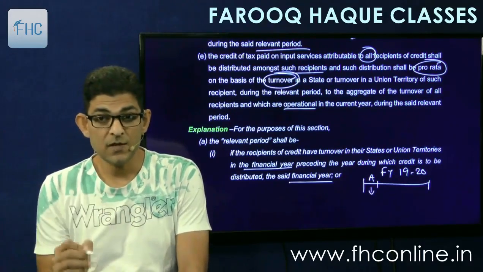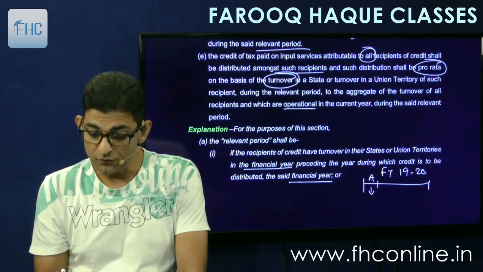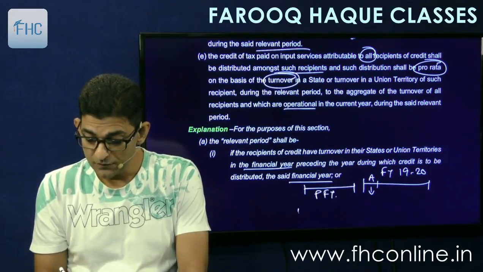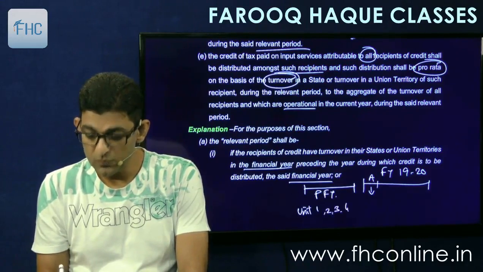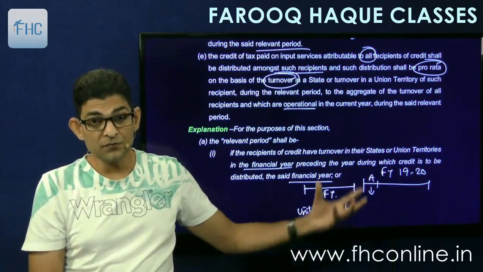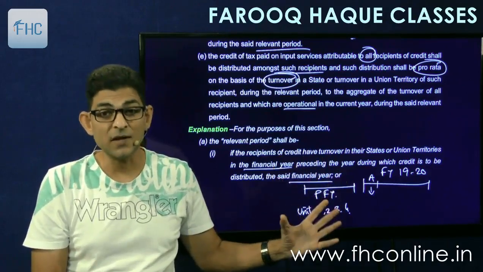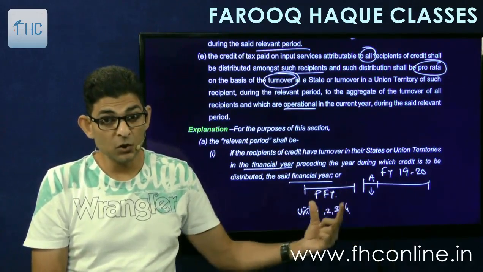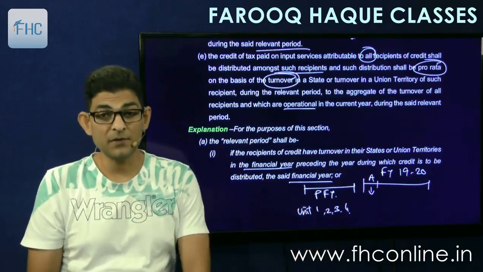So which turnover will we take? We will take the turnover of the preceding financial year, PFY. So we'll take unit 1, unit 2, 3, 4, whatever units are there. We will take turnovers of the preceding financial year if these units were in existence in the said financial year. So this April month's distribution will be done on the basis of turnovers of the last financial year, the preceding financial year. Okay, so that is the relevant period.